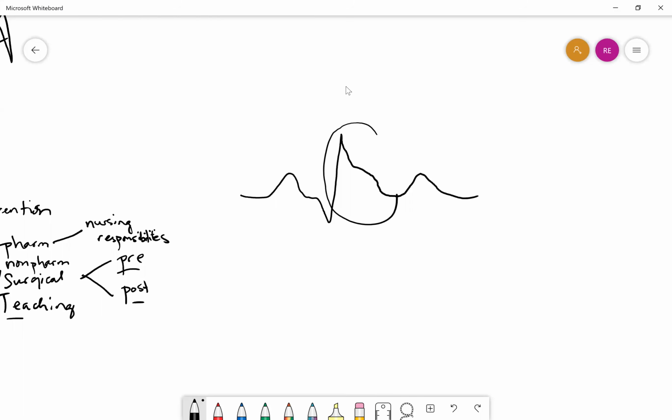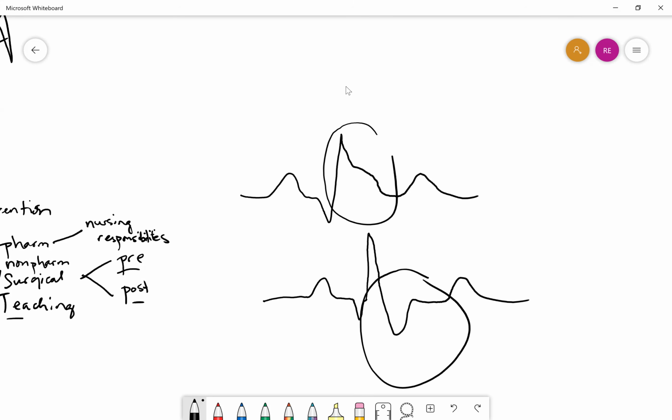ST depression, on the other hand, will look like this. So that's ST depression. This is ST elevation. Clear?